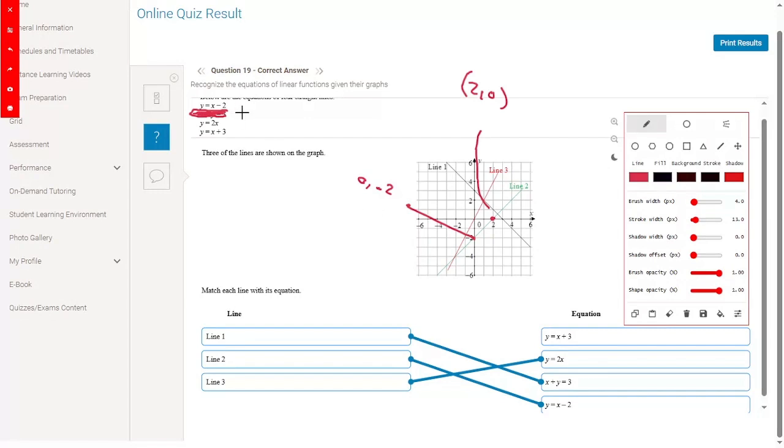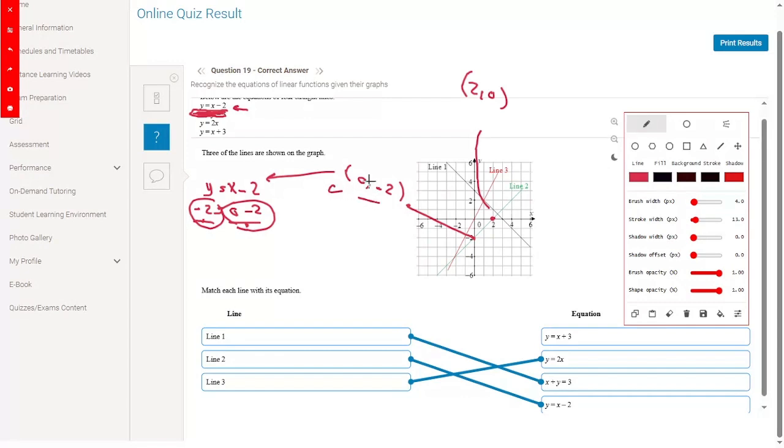Now let's take this one: y equals x minus 2. Let's substitute one of these points in the equation. So x is 0 and y is minus 2, so the right-hand side of the equation equals the left-hand side.